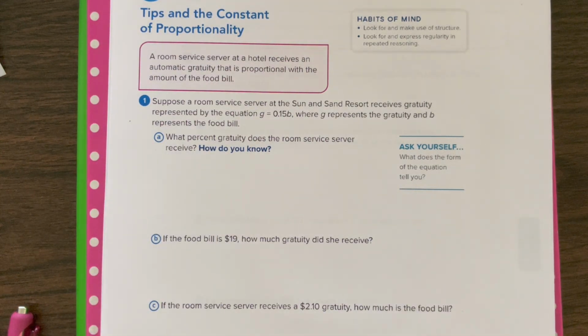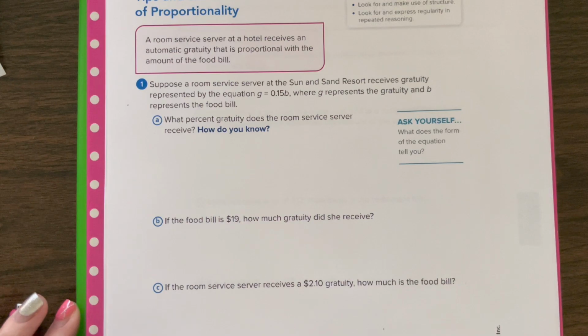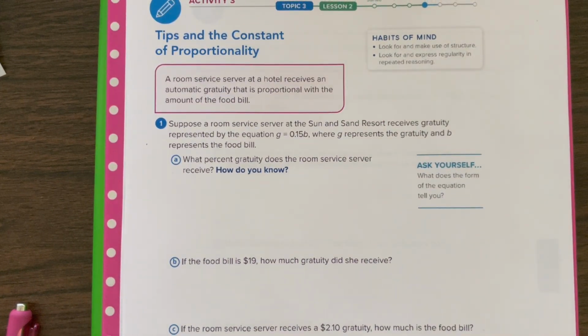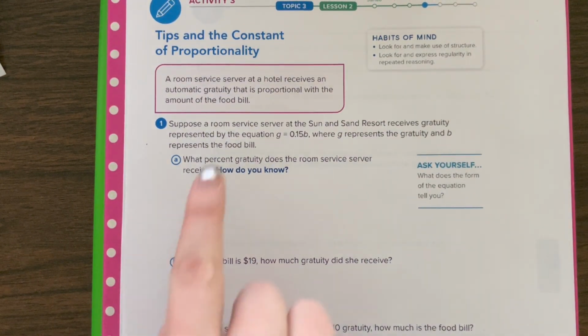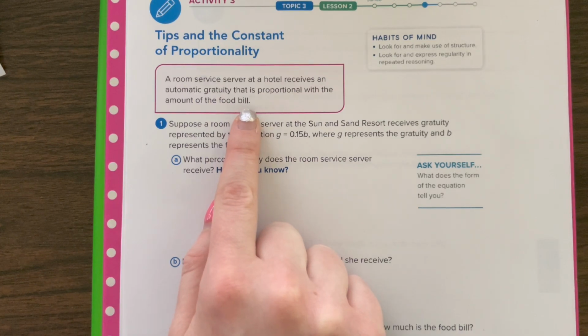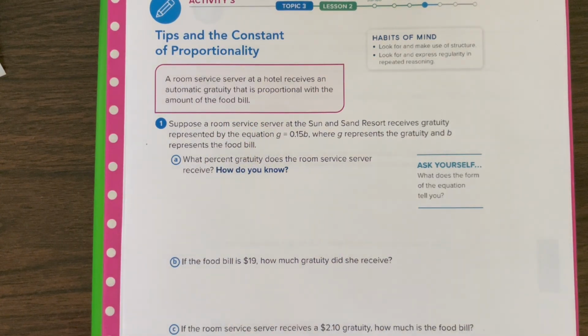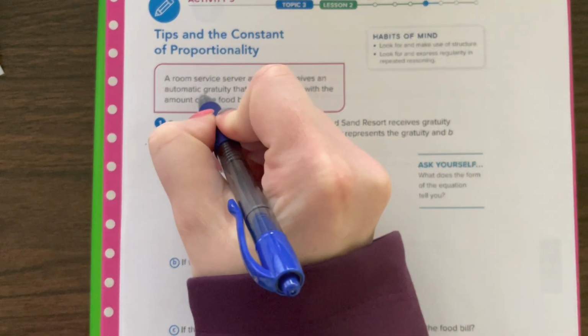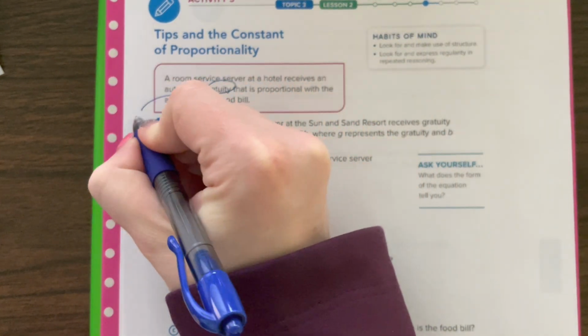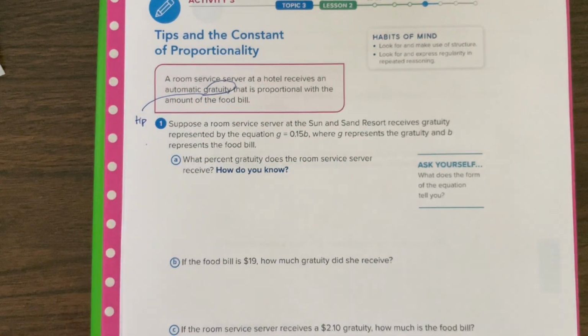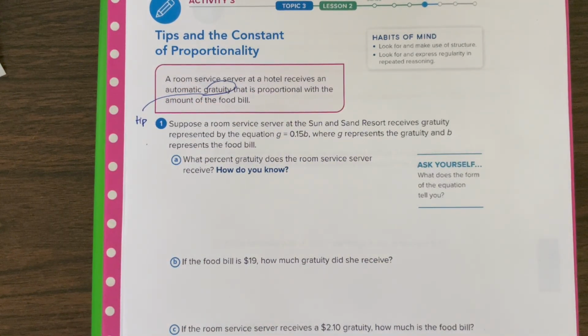All right, now we are on page 150. A room service server at a hotel receives an automatic gratuity that is proportional with the amount of the bill. Gratuity is just another word for tip. So gratuity and tip are the same thing.